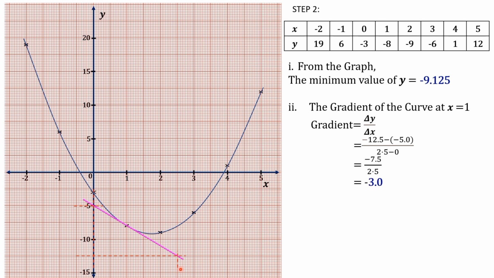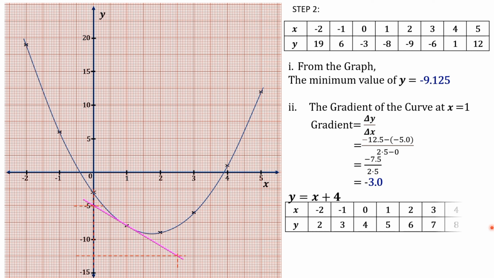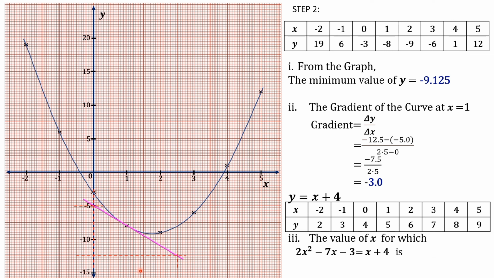So the next is for us to plot the linear graph so that we can find the solution, and that solution is the point where the two graphs meet together. So we filled and completed the table using the equation y equal to x plus 4. So we just plot the graph.